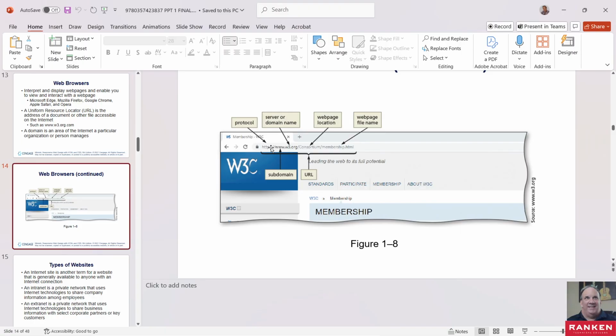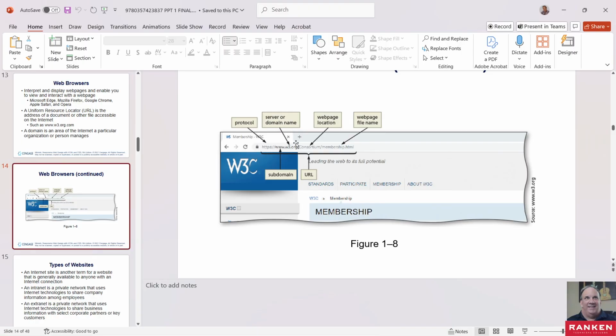Even the browsers sometimes won't display things and will give you a warning message, because everything really should be HTTPS. HTTP stands for Hypertext Transfer Protocol, and the S stands for secure. So it's a secure version of the Hypertext Transfer Protocol. That's your protocol, the first part.